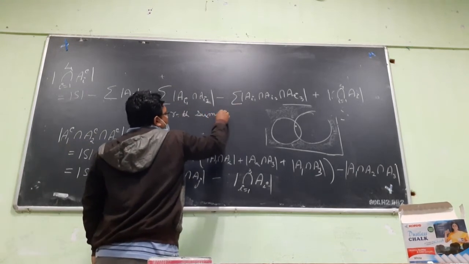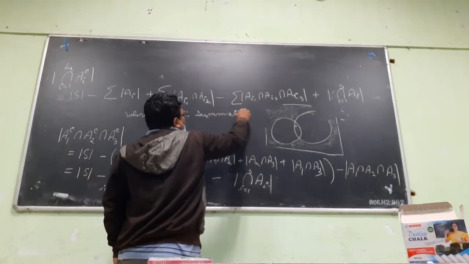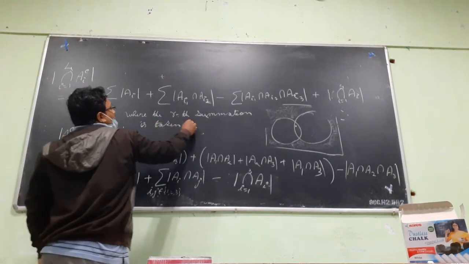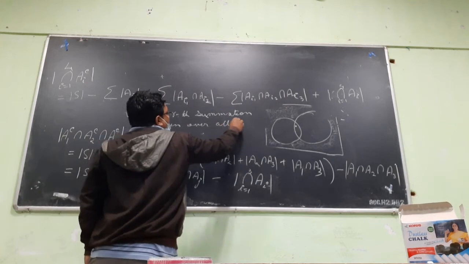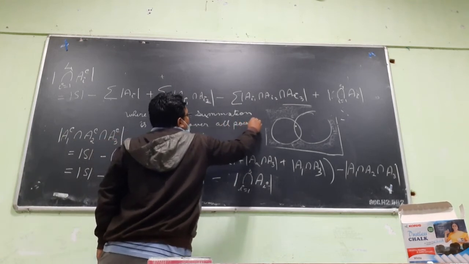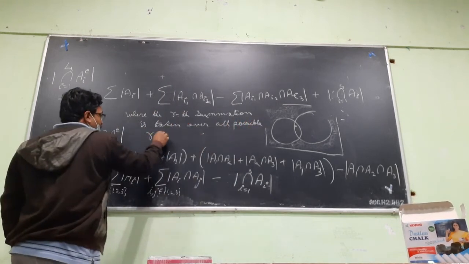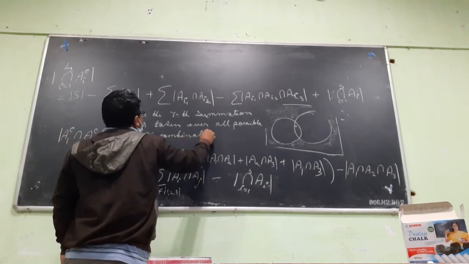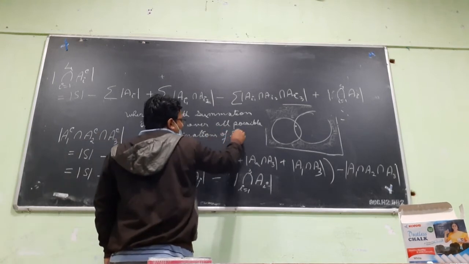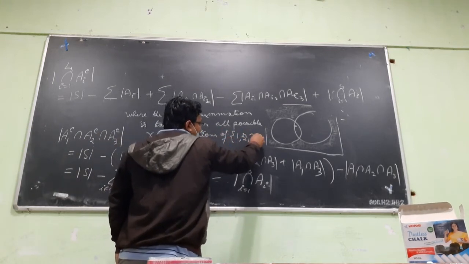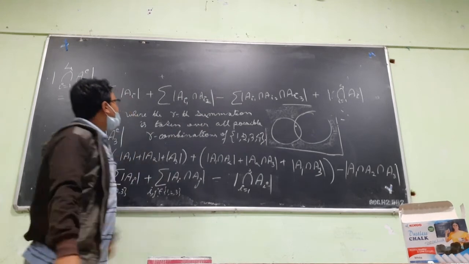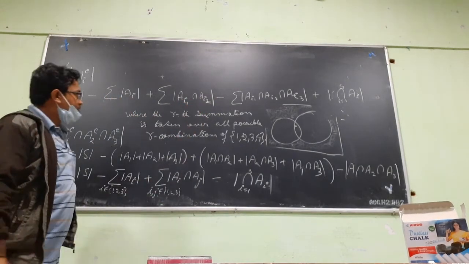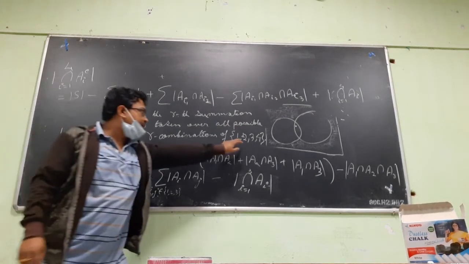Where the rth summation is taken over all possible r combinations of this set 1, 2, 3, 4. These are the indices of A1, A2, A3, A4; the indices come from this set.